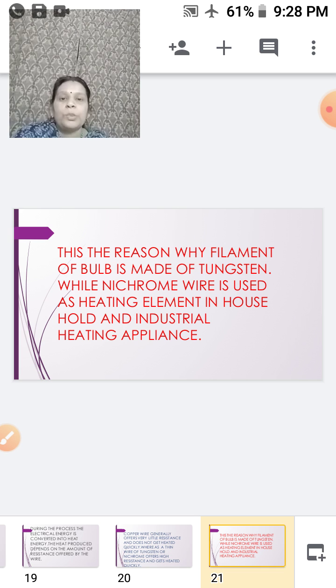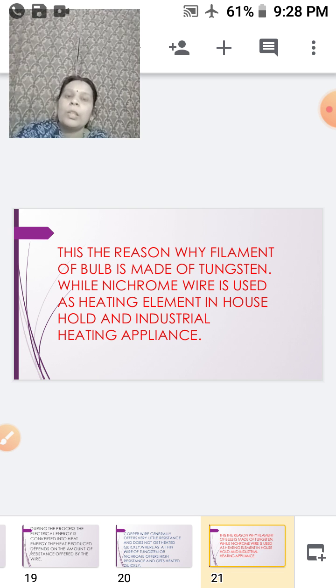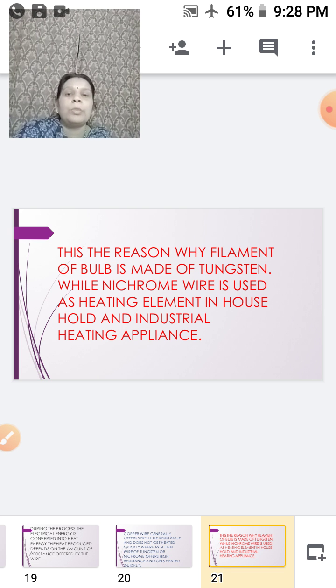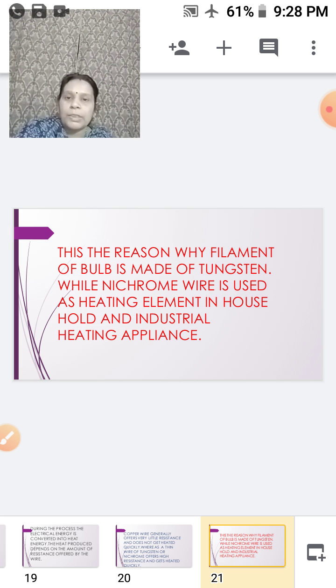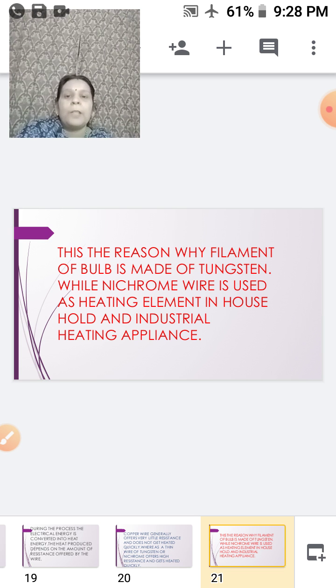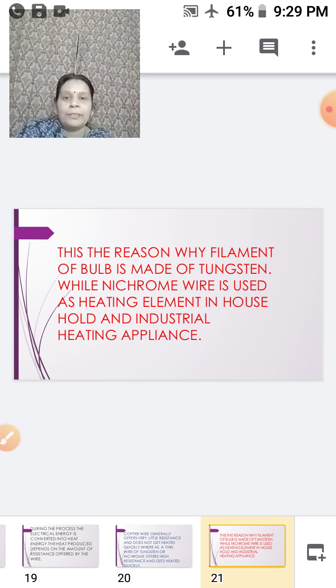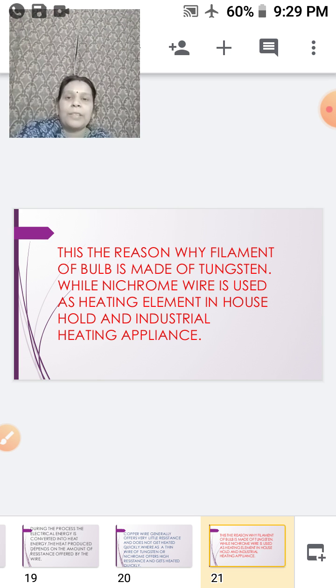So never try to touch the glowing bulb. And this is the reason why the filament of the bulb is made up of tungsten, while nichrome wire is used as a heating element in our household. You might have seen irons and heaters that your parents are using at home, and some industrial heating appliances also, the geysers, and in industries we have big machines.